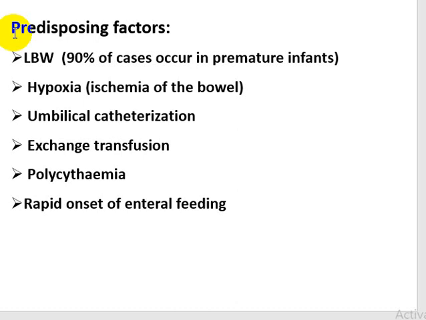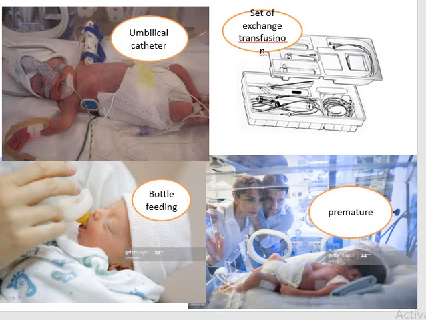Also, if they need umbilical catheterization, exchange transfusion, which needs again umbilical catheterization, polycythemia is also a predisposing factor. And when we start rapid onset of enteral feeding and increase this amount in short period, this will lead to this problem.